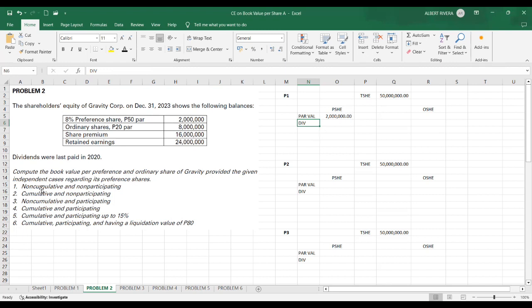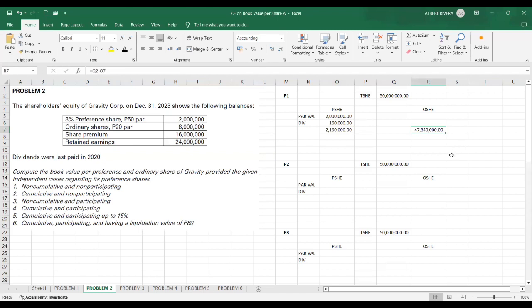It says here this is non-cumulative. So that would be 2 million times 8%. Okay? And that is just for 1 year. Okay? And the residual value here, that is 50 million minus 2,160,000. This is 2,160,000.